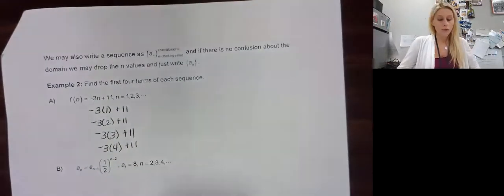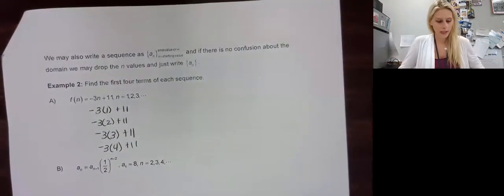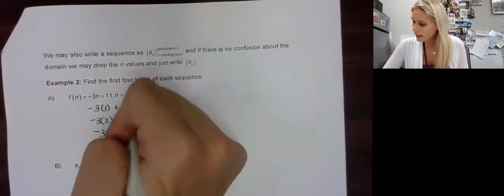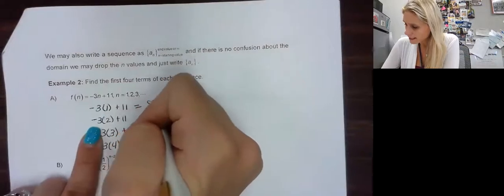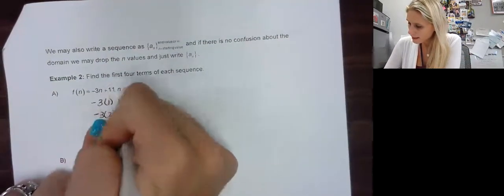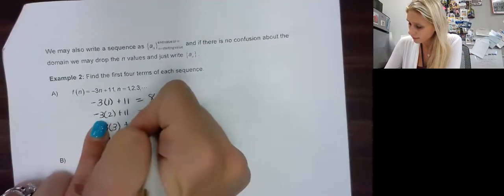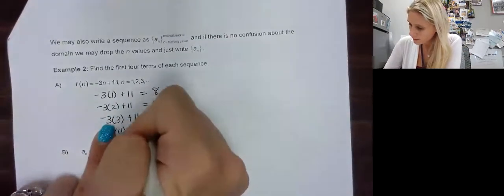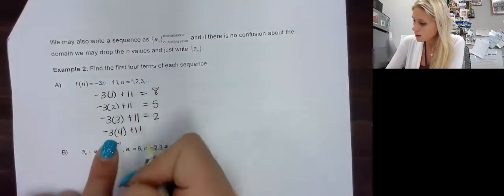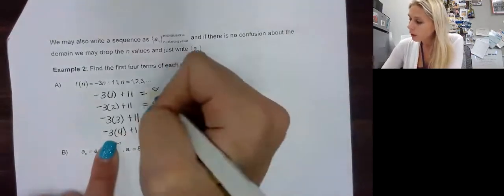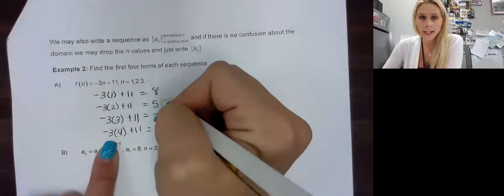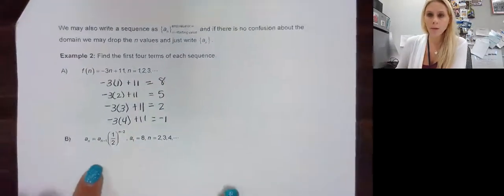This one should look familiar from years past, right? So we get, what is this, 8, and then 5, 2, -1. So our first 4 terms in the sequence are 8, 5, 2, and -1.